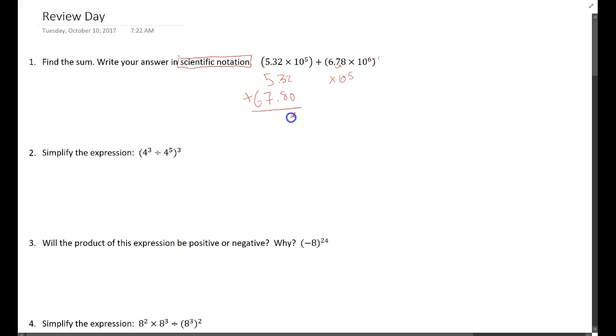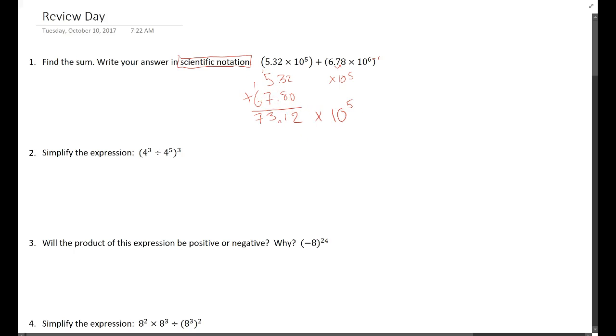2 plus 0 is 2. 3 plus 8 is 11. I add the 1 up there. I have 7 plus 5, or 6, which is going to give me 13. And 7, my decimal place comes down. So I have 73.12 times 10 to the 5th.